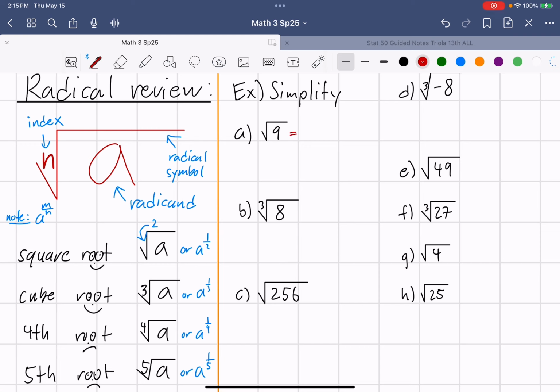You might remember from previous courses that the square root of 9 is 3. But that has to do with the index. The index is looking for that number of factors that can multiply to your radicand. So in other words, I'm looking for two numbers, since the index is 2, that can multiply to 9, but they need to be exactly the same. If you remember this factor tree, 3 times 3 gives you 9, and that is two numbers, hence the index is 2, that multiply to 9.